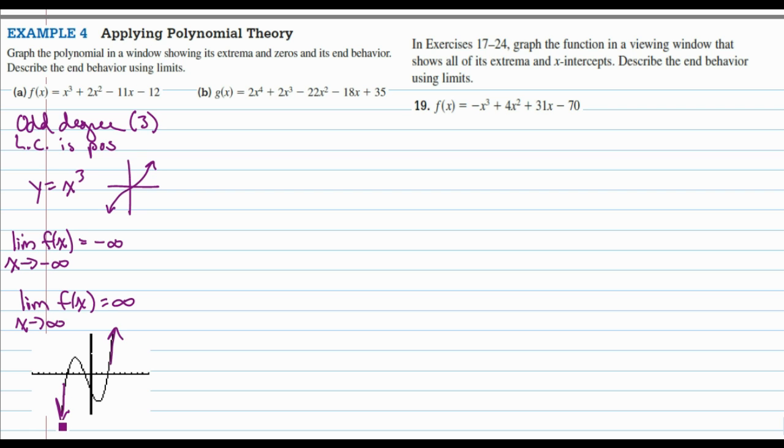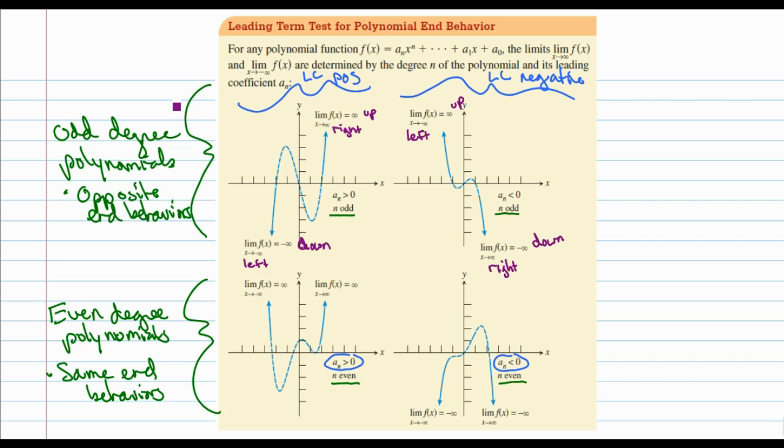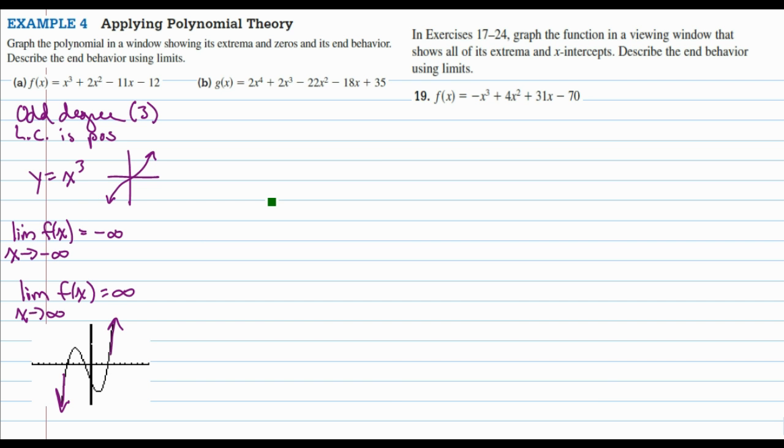My one end goes down to the left, my other end goes up to the right, so my ends behave the same way. I have the same end behaviors. Now I look back at my chart on the previous page. This was an odd degree with a positive leading coefficient, and there are my ends, down to the left, up to the right. Part B, I'm going to challenge myself yet again.